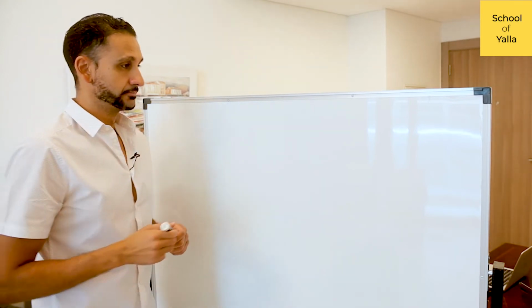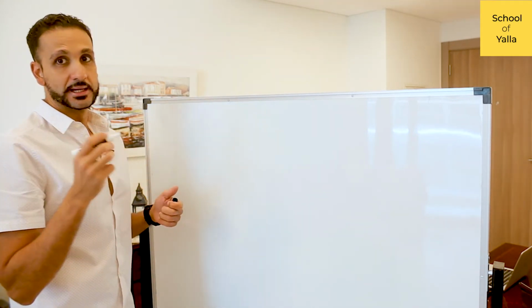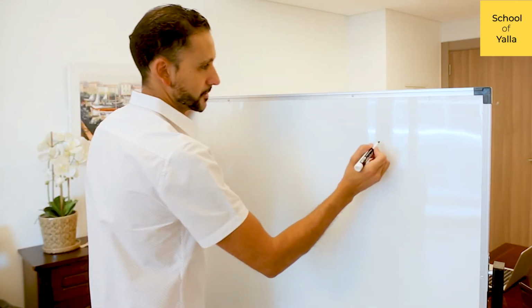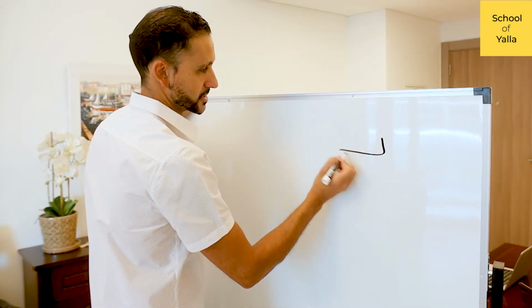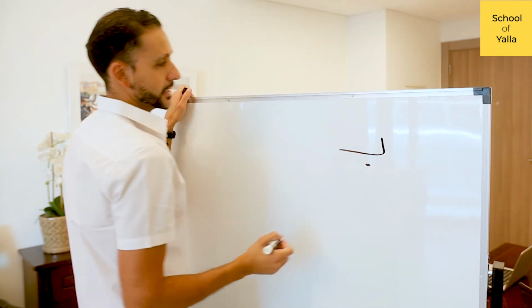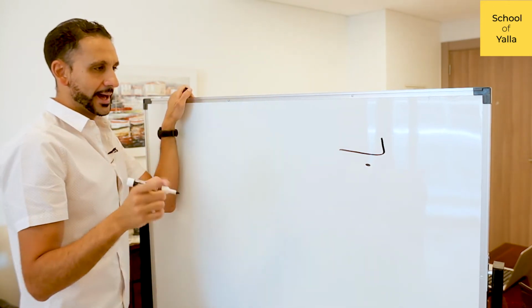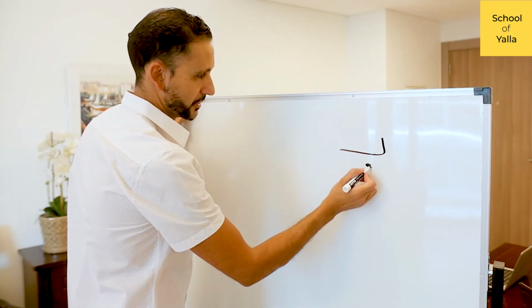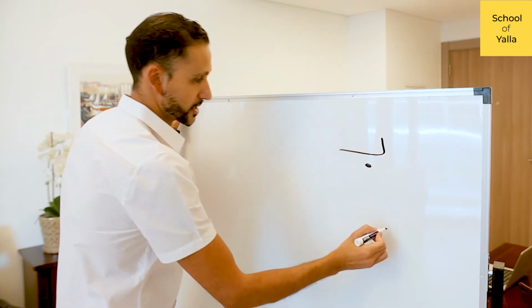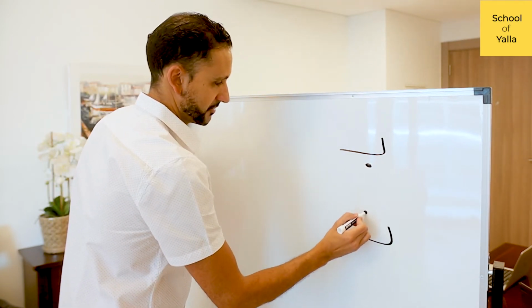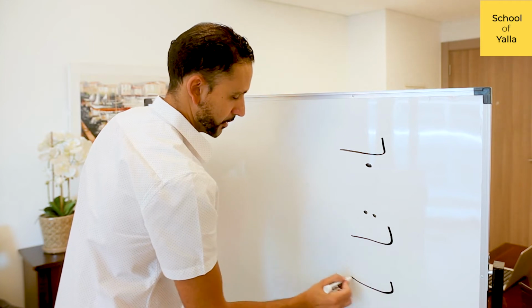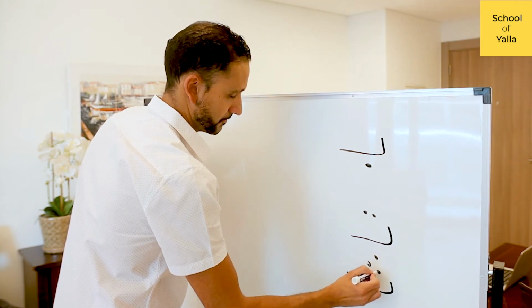Now let's think. First letter, we said the B in its initial form looks like this. Tamam? Now, by the way, quick kind of hack or tip for you guys. For those that are wondering about the dots and that confuse the dots, because we have another letter, the ta, for example, and we have the tha, these are in the connected form.